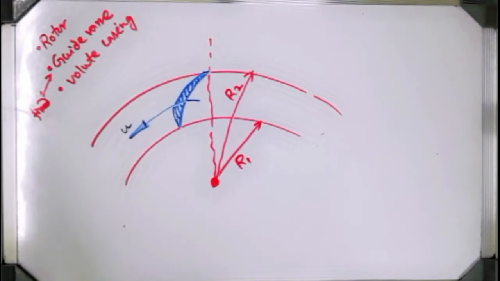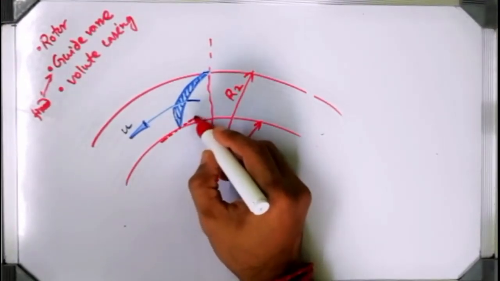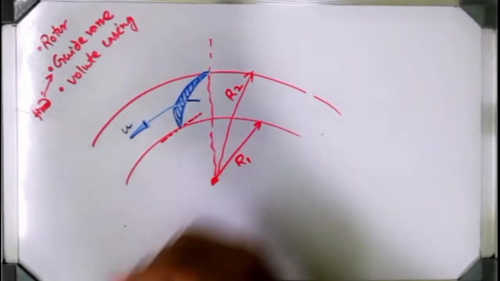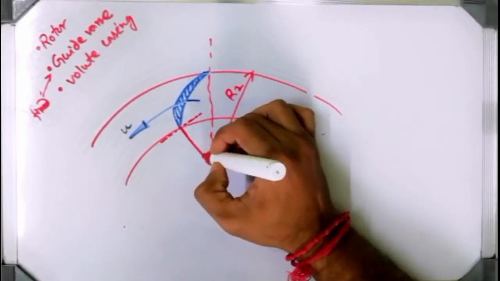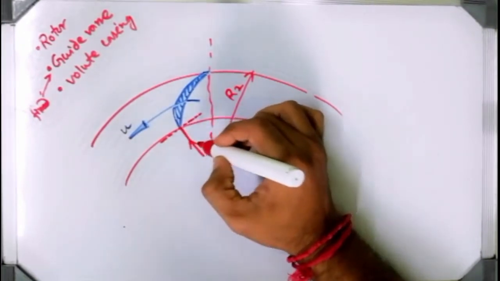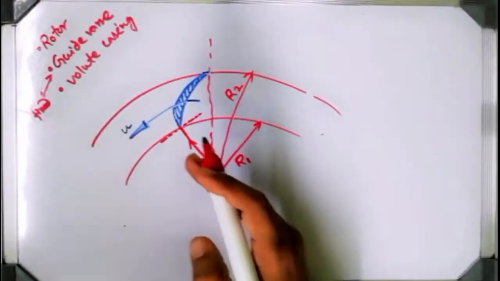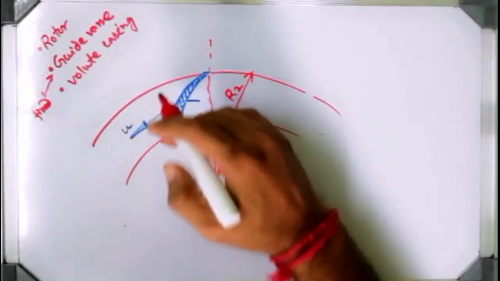How can you plot the radial direction? Suppose you draw a tangent at the inlet of the blade, then the radial direction is the perpendicular direction, like this. That means the radial direction is perpendicular to the tangent at the inlet of the blade.